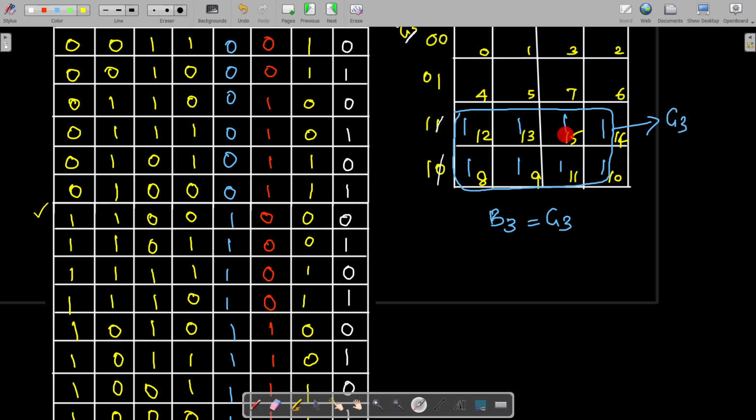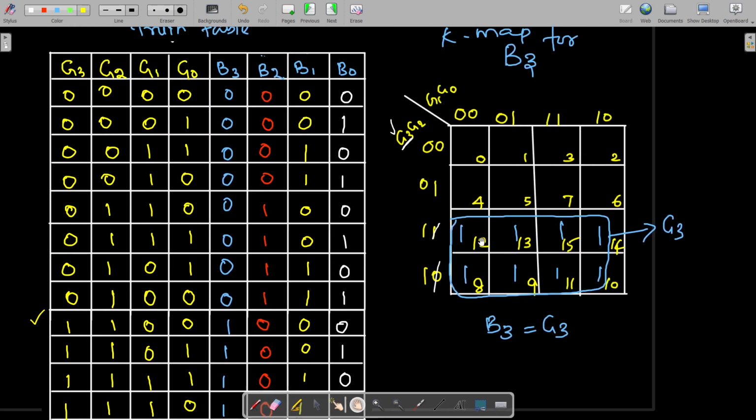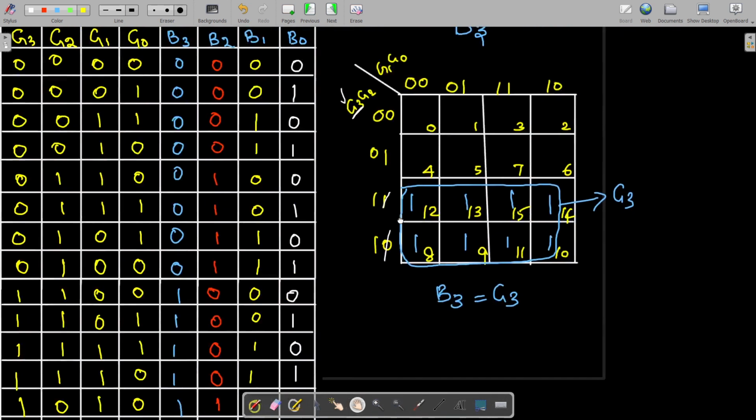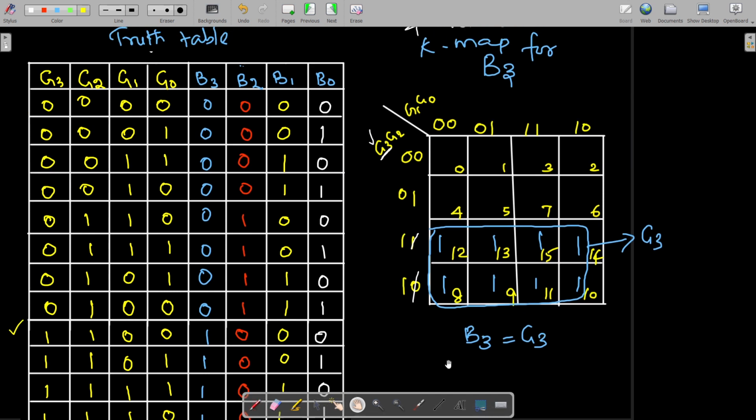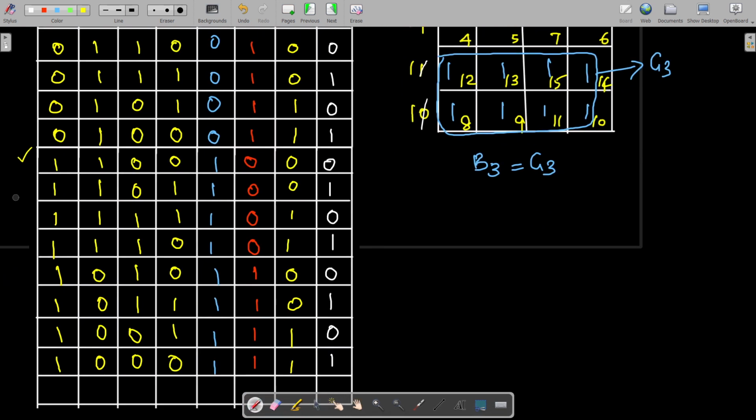So it is 15, isn't it? So we place a 1 here. Then for this one, it is 1110. Look here, 11, then here you have this 10. 1110 is available here. So for this 14, you place a 1. So we have placed 4 ones so far.